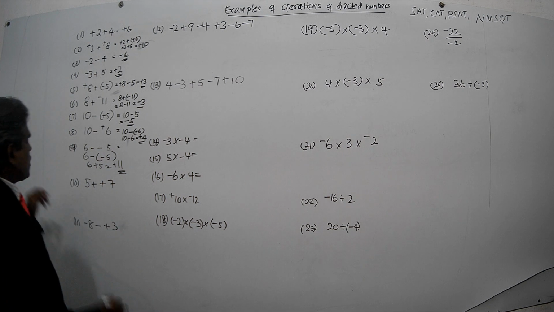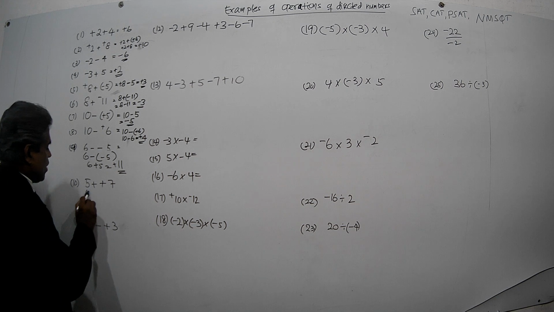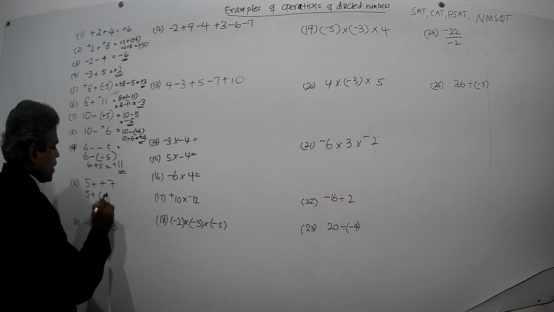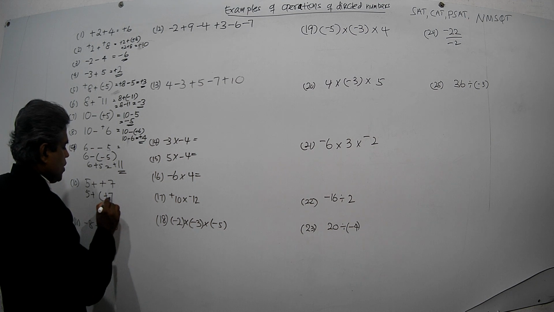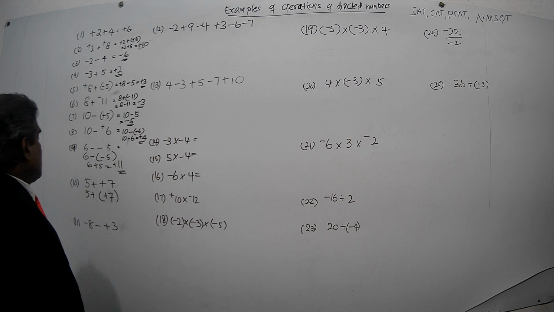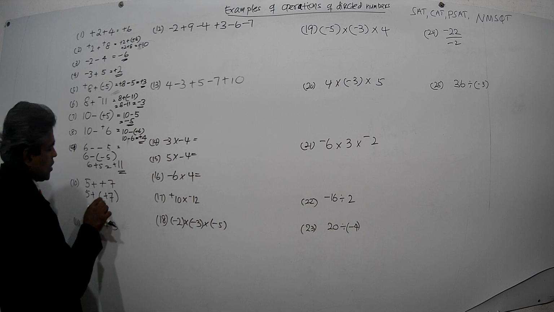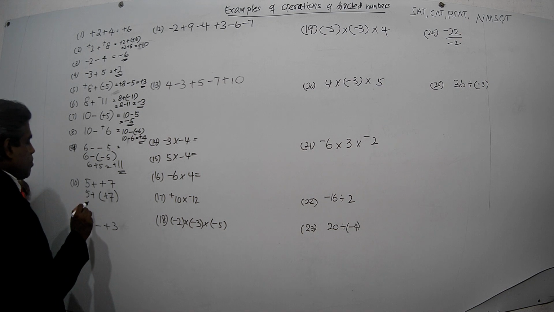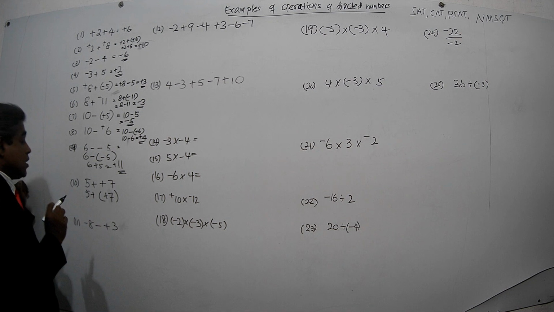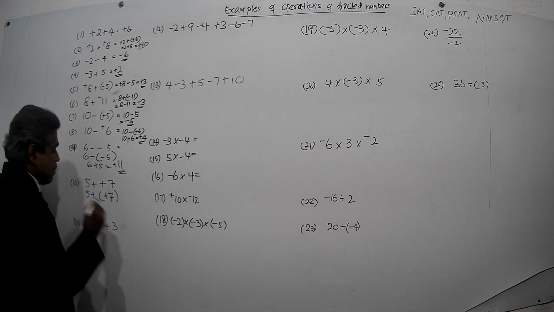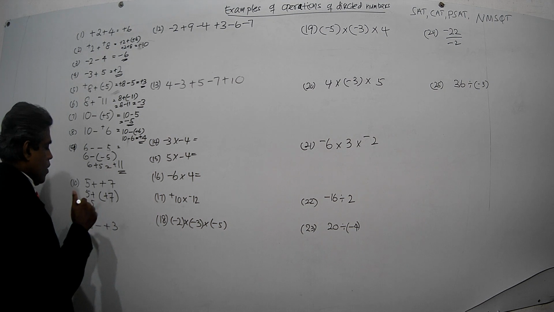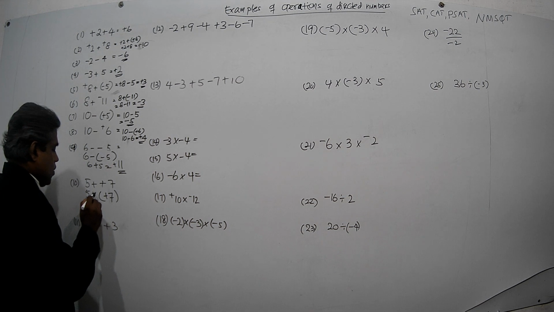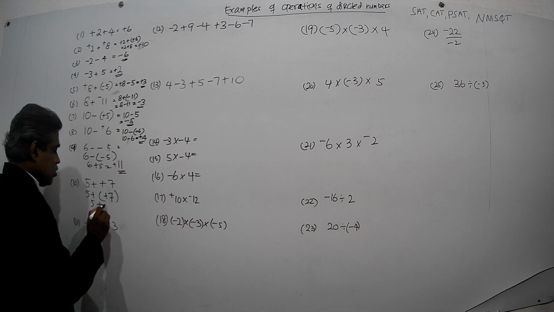Again 5 plus plus 7. In the same way this can also be written as 5 plus 7 within brackets. Then you can multiply the signs and remove brackets, plus sign multiplied by plus sign. You are multiplying two same signs, so those two signs multiply into positive.